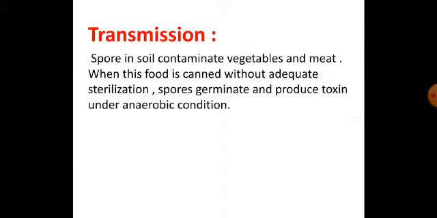Transmission: the spores in the soil contaminate the vegetables and meat, and when this food is canned without adequate sterilization, the spores germinate due to the anaerobic conditions formed inside the cans and produce the botulinum toxin.